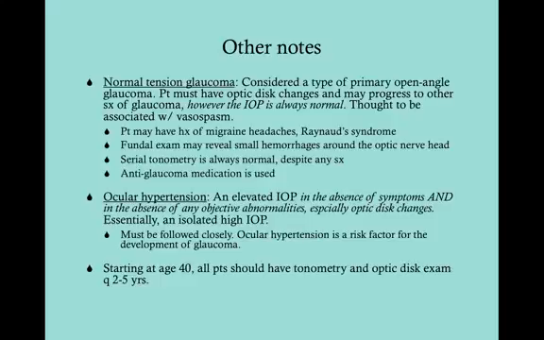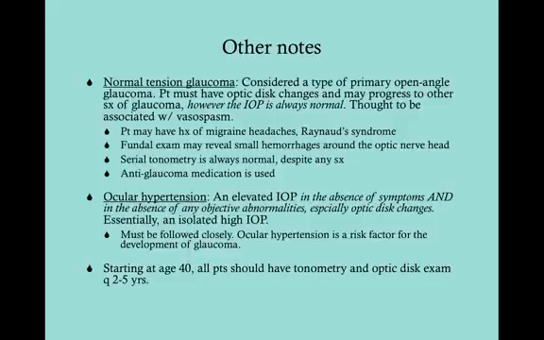Ocular hypertension is an elevated intraocular pressure in the absence of any symptoms associated with glaucoma and in the absence of any objective abnormalities. And that's important because remember, patients can have objective abnormalities like an elevated cup-disc ratio, but not have any symptoms of glaucoma. That's like what we see in primary open-angle glaucoma.